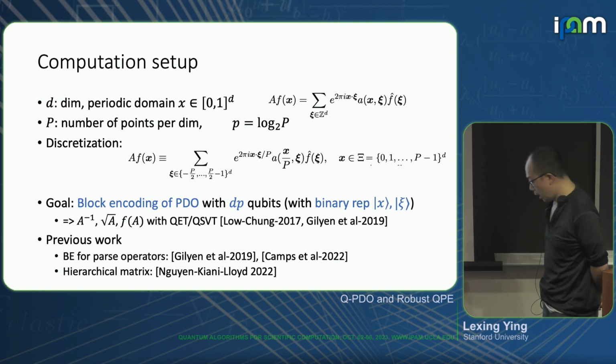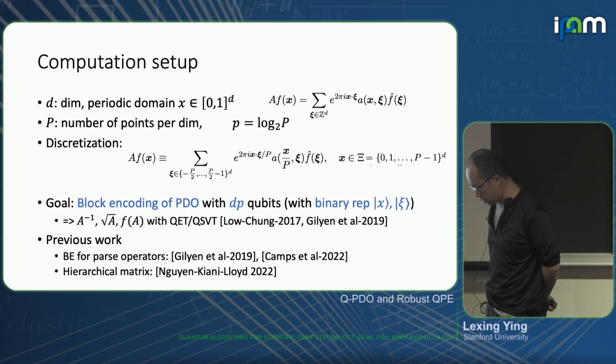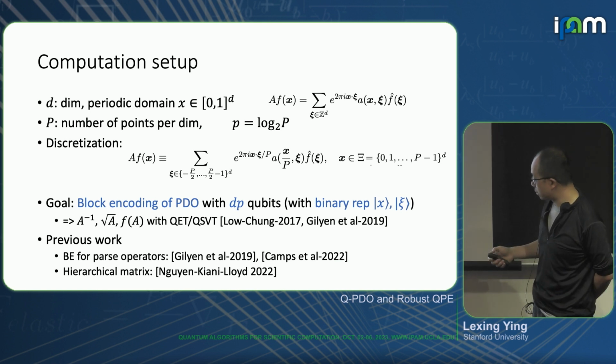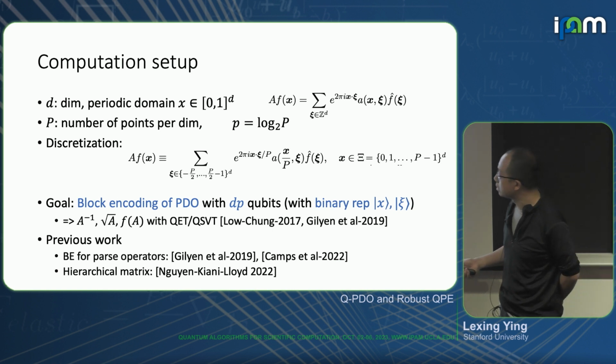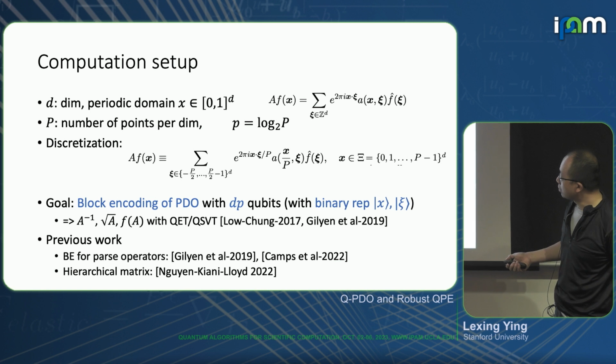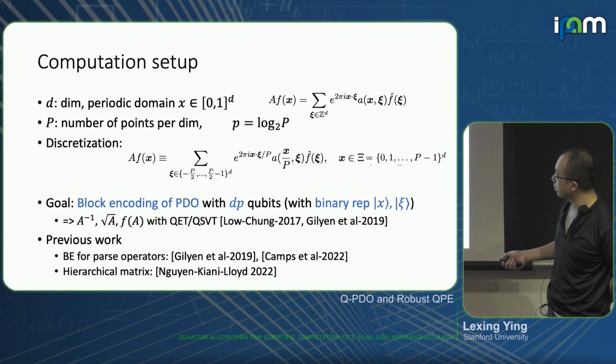Now, regarding the block encoding for operators related to partial differential equations, there's this work on block encoding for, sorry, not parse, but sparse operators. This is by a paper by Gilyén et al. from 2019, and also this more recent paper by Camps et al. in 2022.